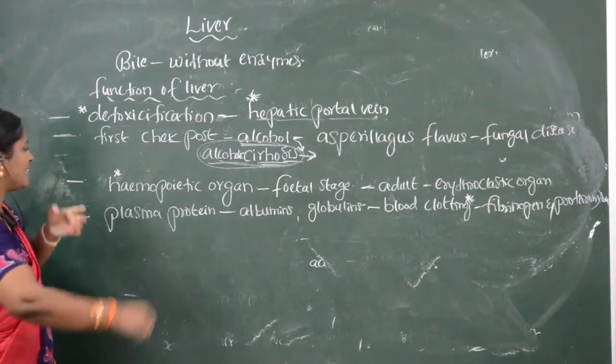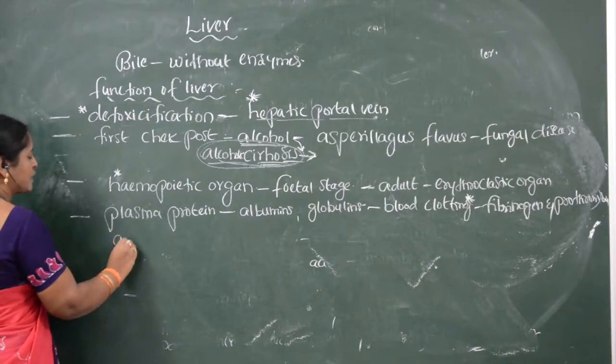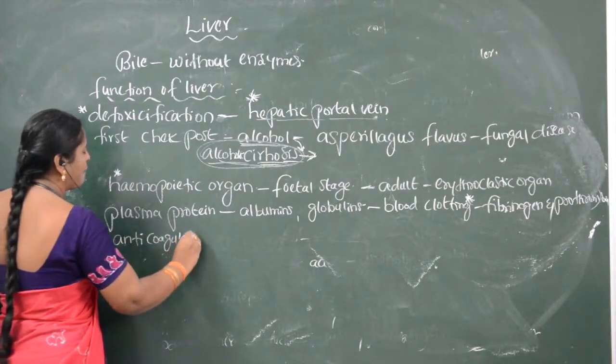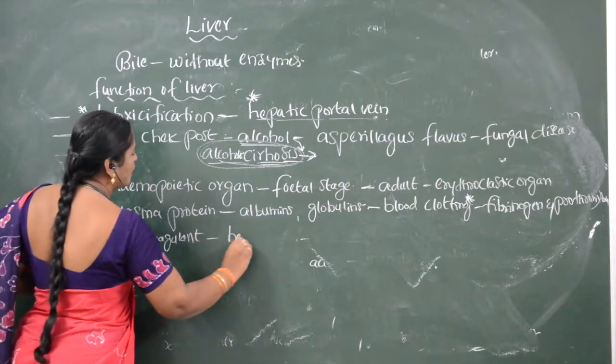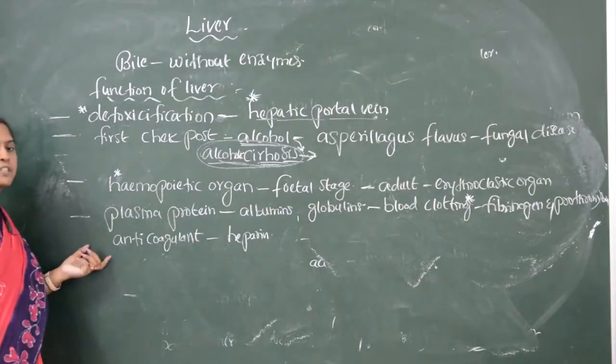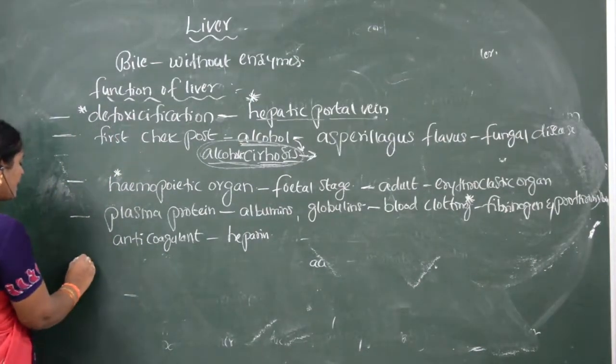And another one is an anticoagulant called heparin, which is also produced from the liver.